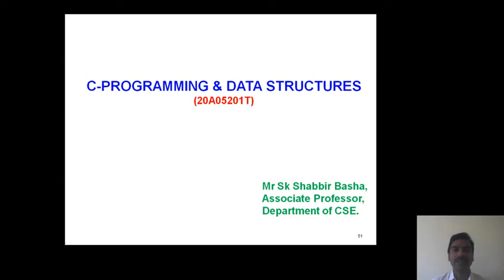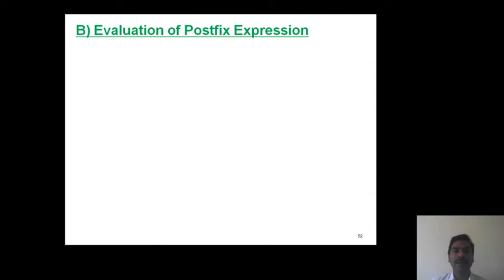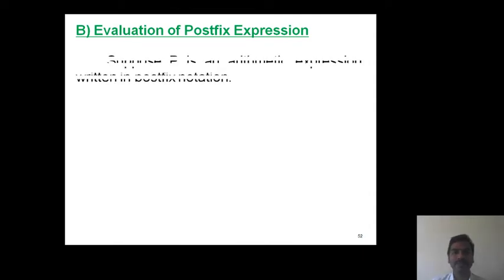Hello students, in this session we will discuss evaluation of a postfix expression and then the importance of stack concept in recursion concept. The first one: how to evaluate the given postfix expression. Suppose P is an arithmetic expression which is available in postfix notation.